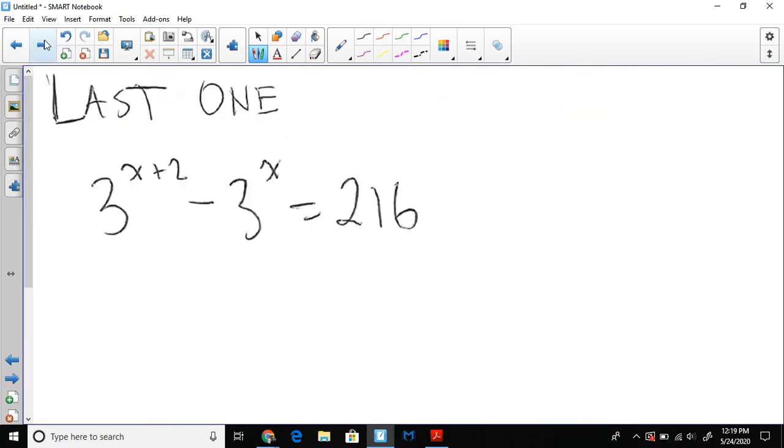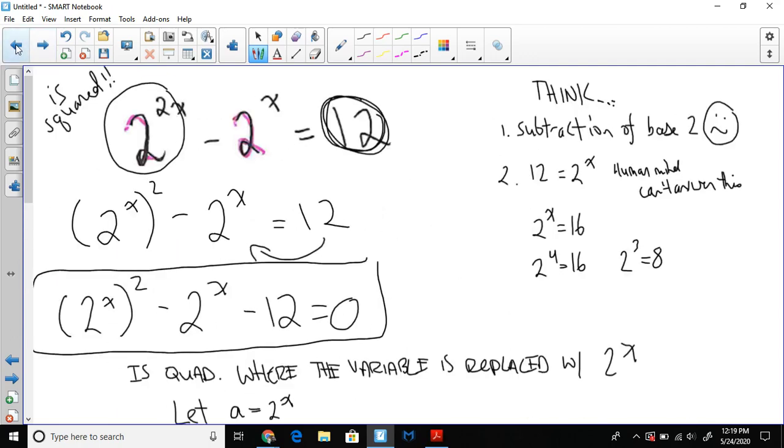So that is this one. Try this one. I will post a video with the solution, or a PDF. I think I have a PDF of the solution, but if not, I'll post a video. Very similar, not exactly the same, but similar to these ones.